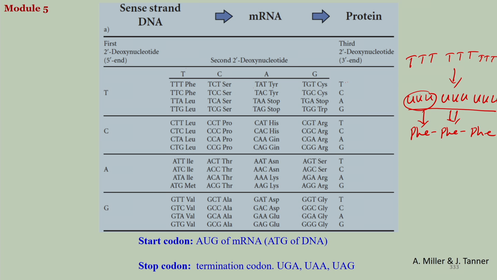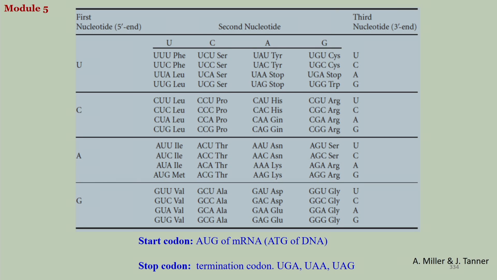Different codons, same amino acids possible. So, I will go to the next table where the mRNA was actually the real one, with the RNA sequence and the amino acids. So, as I was saying, 4 columns here, 4 there and 4 here, that makes all these combinations. It is the same combination, but only the thing is that this is now RNA. So, U is phenylalanine and so on.